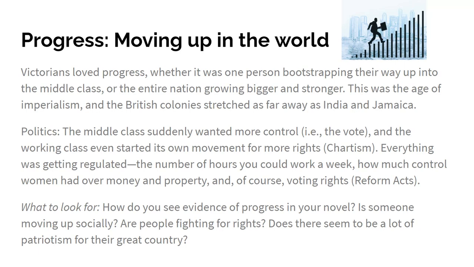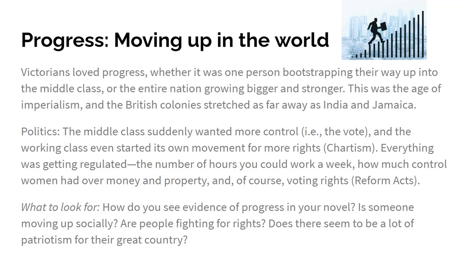And so their country was doing well. There was a growing divide, or quite a divide, between the upper class and the lower class. And a lot of people loved this idea of a growing middle class and people working hard and progressing and moving up in the world and making something of themselves.